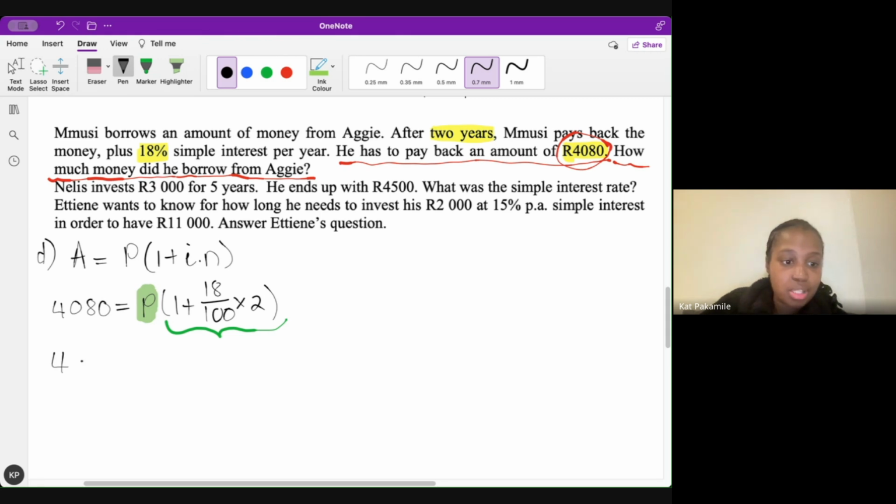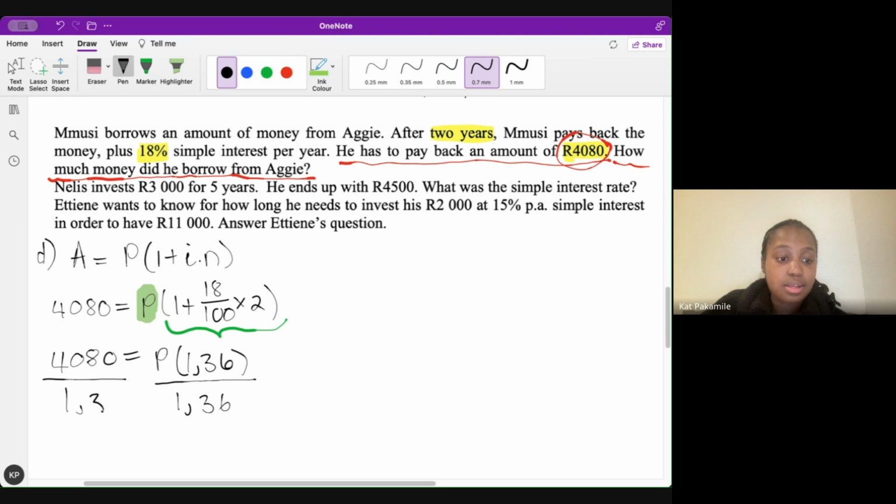So I'm going to rewrite the left-hand side because we're not doing anything with it currently. Equals P times 1,36. Wonderful. Now, how are we going to get P on its own? We're going to divide by 1,36.